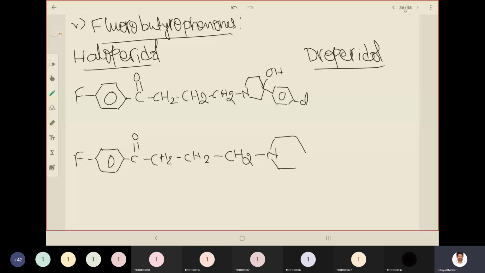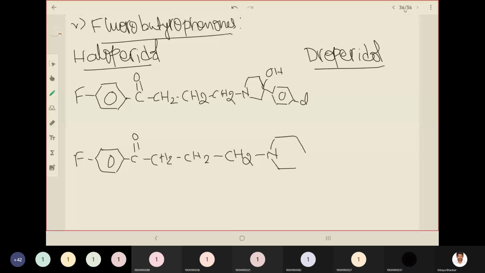This is the comparison between droperidol and haloperidol.